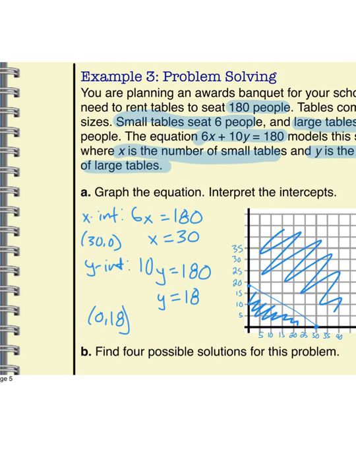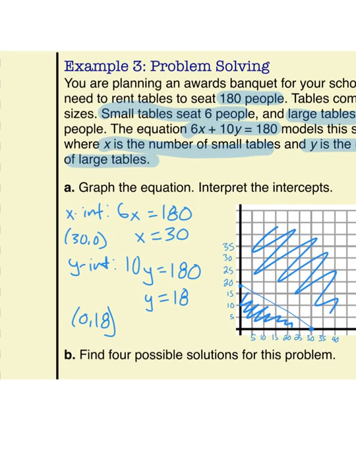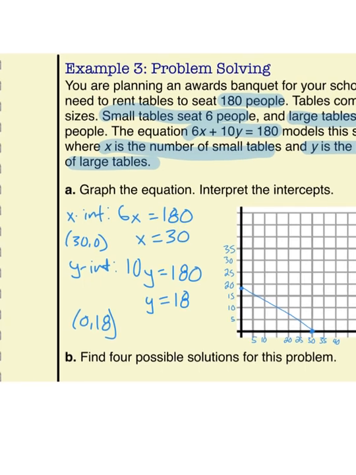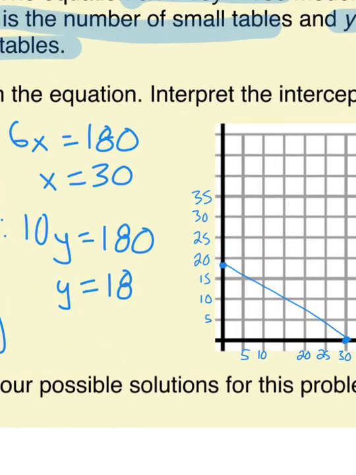So find 4 possible solutions for this problem. Well, if we're looking at the line, we're looking for whole number solutions. And I know it's kind of hard to tell since we counted by 5s on the axis, but those whole number solutions are going to be at 5, 10, 15, 20, 25, and so on.